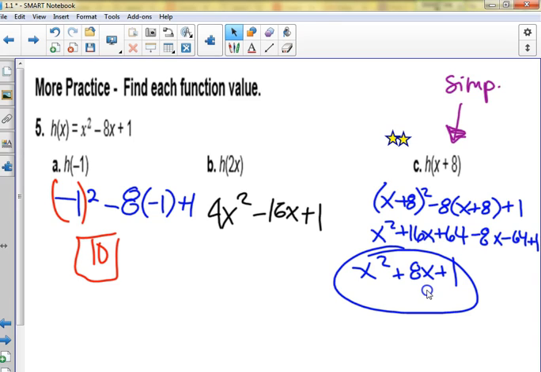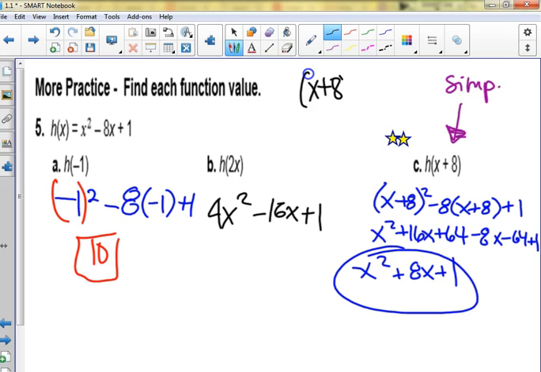Did anybody try to distribute the squared? That's usually what someone does. x plus 8 squared does not equal x squared plus 64. Okay, there's a meme of that on the backboard. It shows Batman and Robin, and Batman is slapping Robin upside the head.